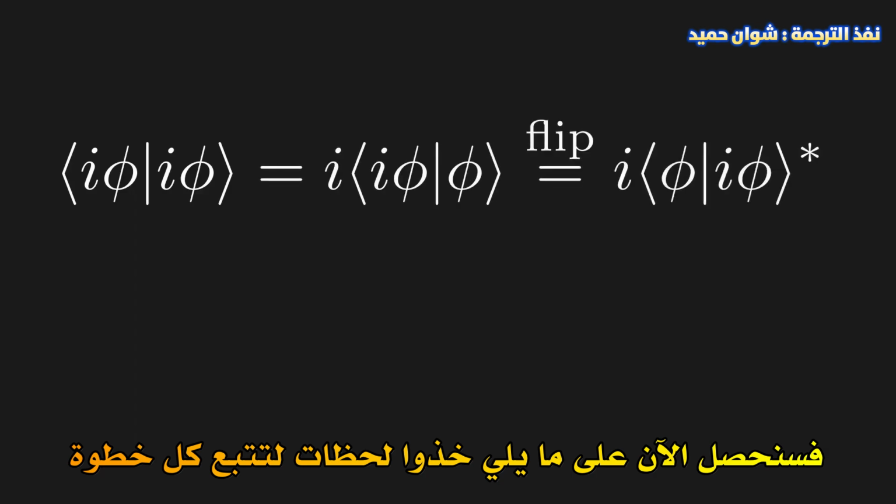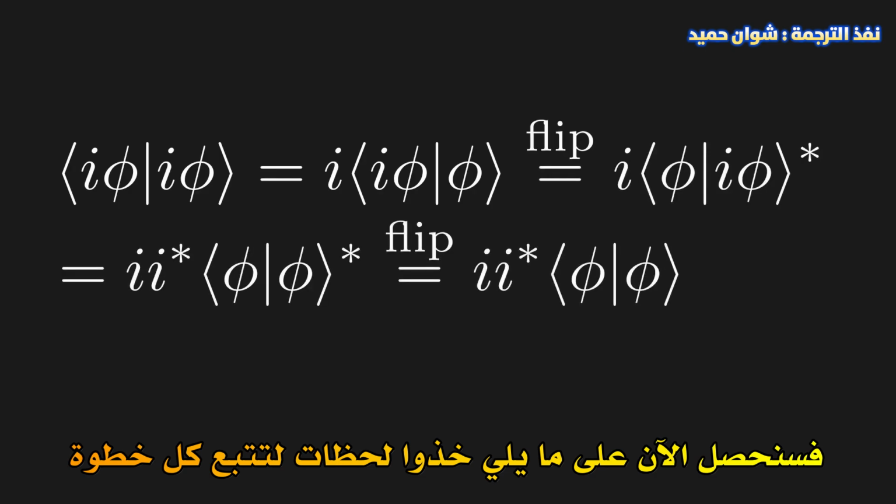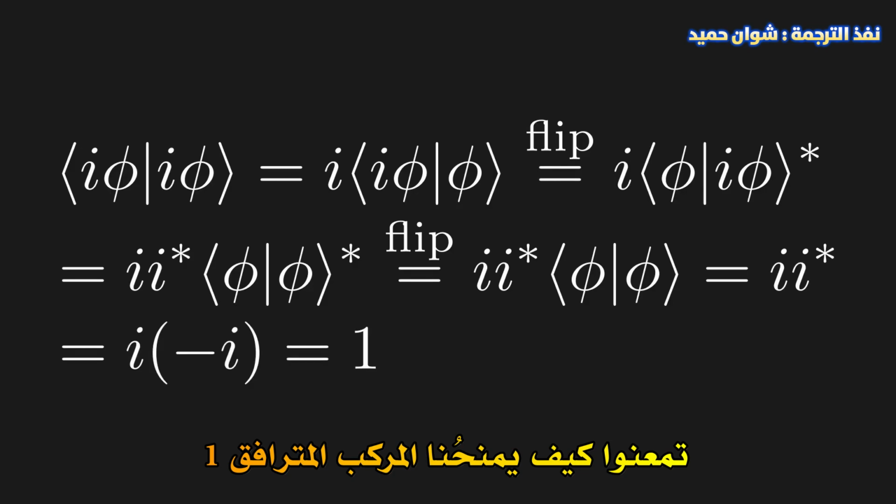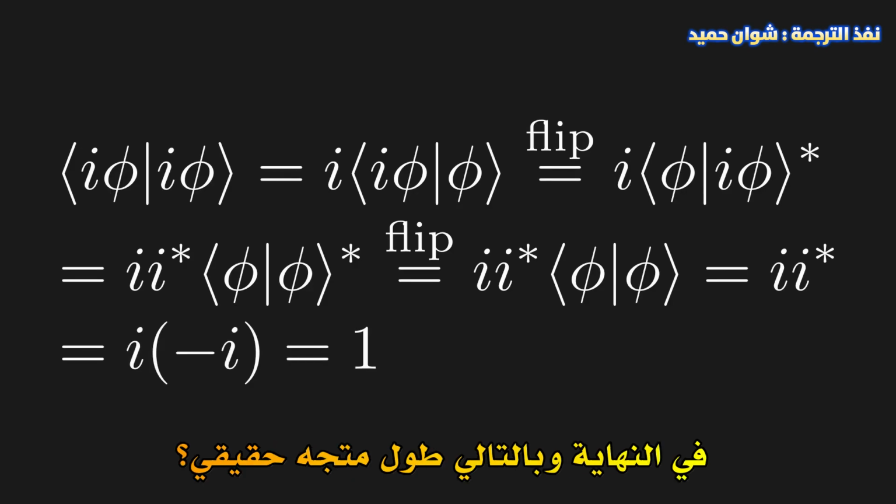Take a second to follow each step. See how the complex conjugate gave us a 1 in the end, and hence a real vector length?